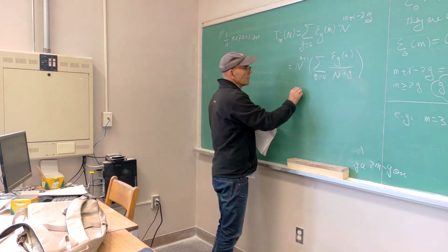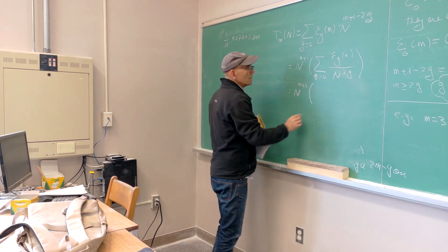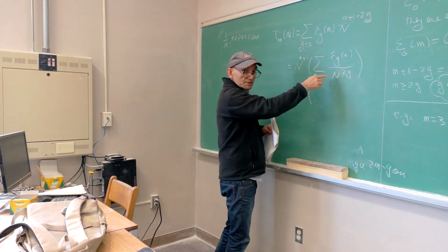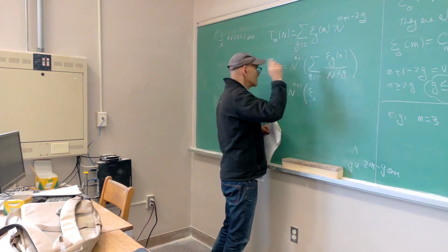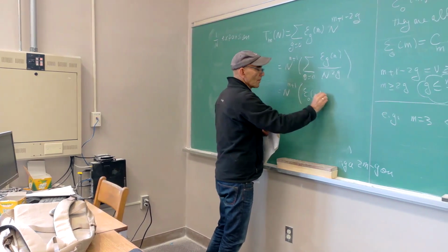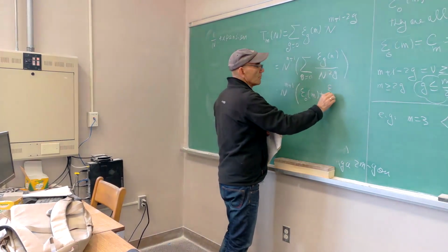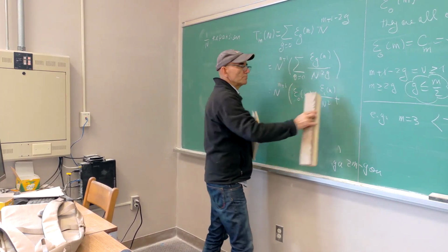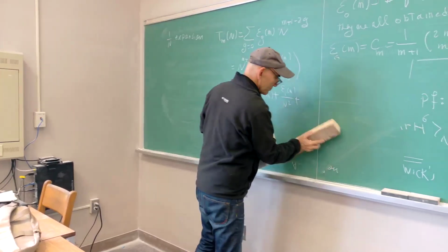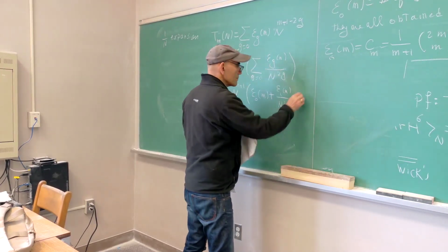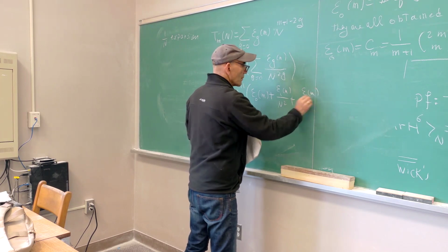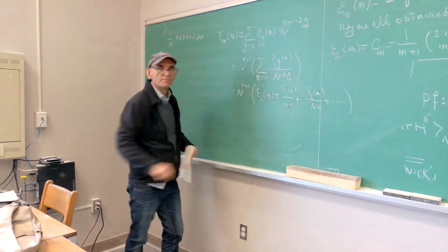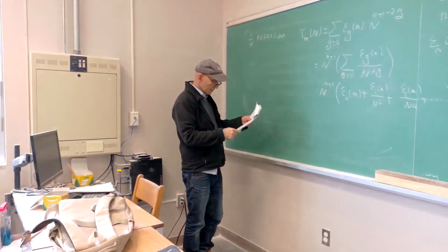So this is equal to n to the power m plus 1 times epsilon_0^m plus epsilon_1^m over n squared plus epsilon_2^m over n to the 4. So this is called the 1 over n expansion.